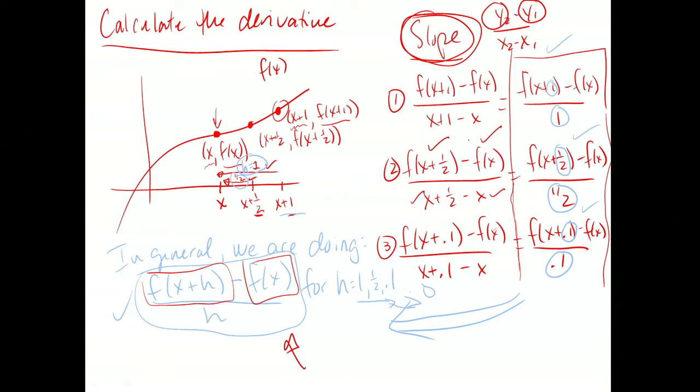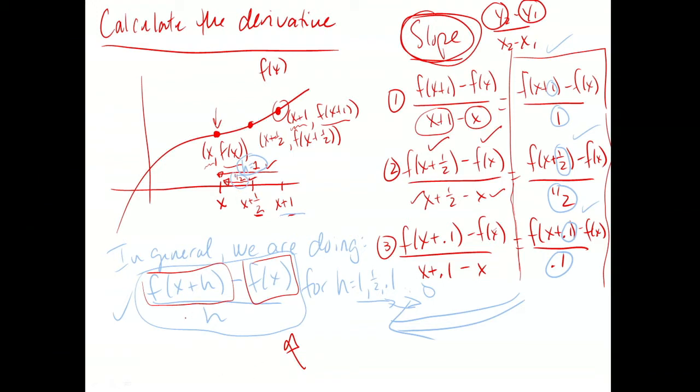Now on the bottom, we lose the fact that it's a difference a little bit. But remember, where do the bottoms of each of these fractions come from? It does come from doing an x value minus another x value. It was just a little silly to write that every time, because it's x plus 1 minus x. Well, that's just 1. And this is x plus a half minus x. Well, that's just a half. So on the bottom here, technically, it's just h. Again, h was how much we move away from x.